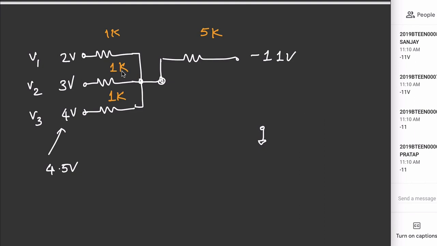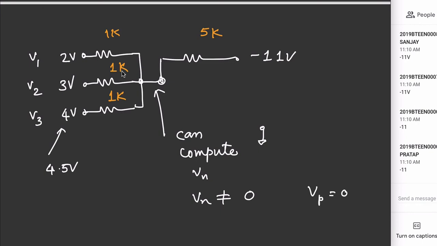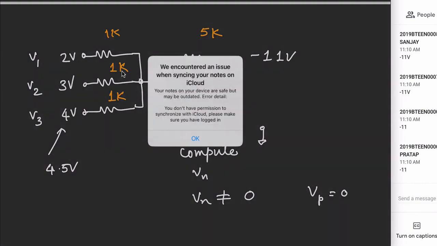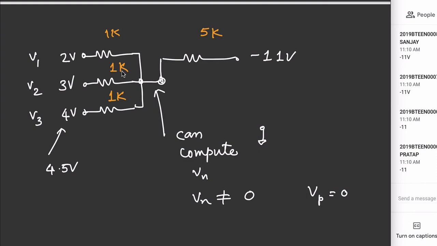In this case we can compute Vn, which will not be equal to 0 even though Vp is equal to 0. That you can calculate using the superposition theorem. Will it be possible to find Vn? Okay, so do that whenever you find time today.